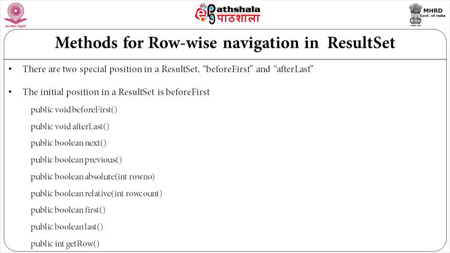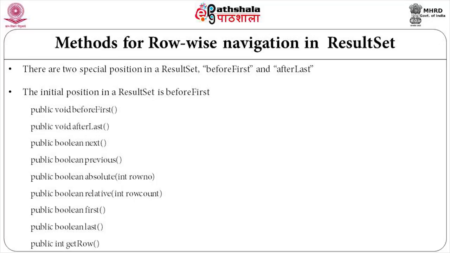And we also have methods called beforeFirst and afterLast to move to those special row positions. Before first is one special position, after last is another. So all these are methods for row-wise navigation within the result set.